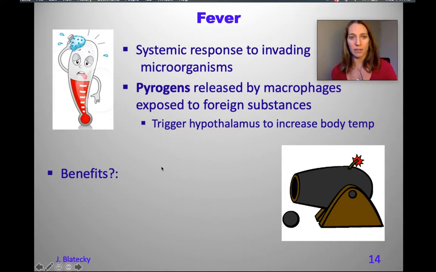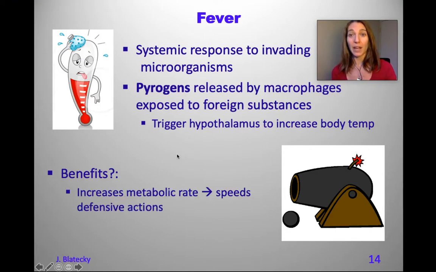So what are these benefits? It increases our metabolic rate, right? So not so long ago, we looked at the endocrine system, and we were looking at the role of thyroid hormone. One of the things that comes to mind here is with individuals who suffer from hyperthyroidism, or an elevated metabolism, their body temperature is also hot.